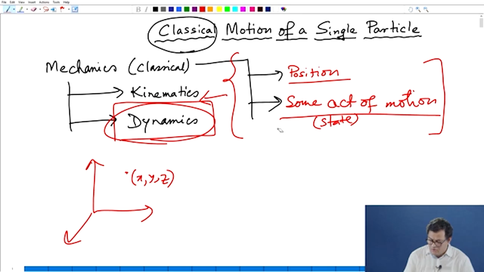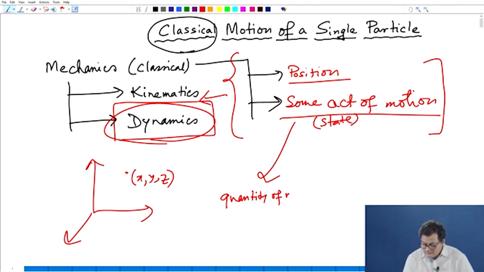So, they call this thing a quantity of motion and constitute m with x dot, okay. This is just the change of position, okay.